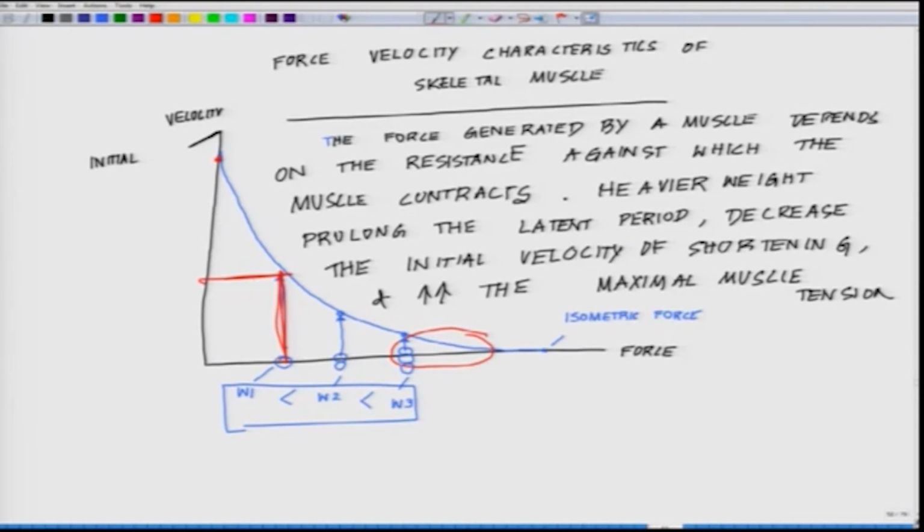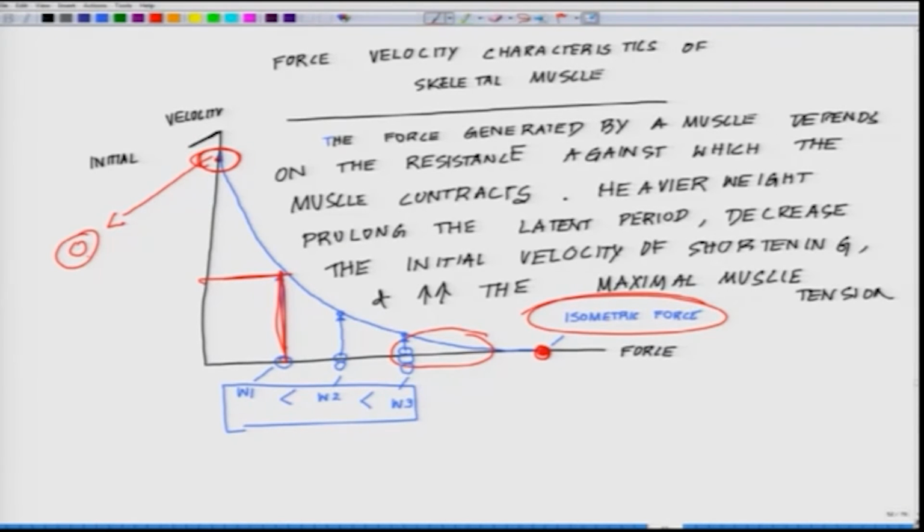So, the force generated by a muscle is maximal when it contracts against a load that is too heavy for it to lift, and that is what we meant by isometric contraction, and the velocity of shortening is maximal when it contracts against no load.